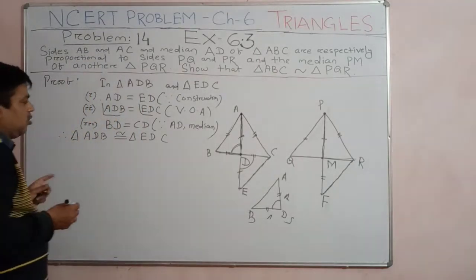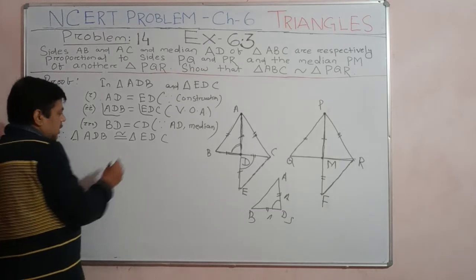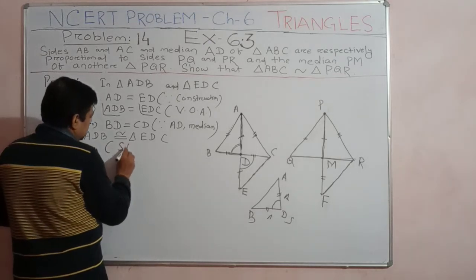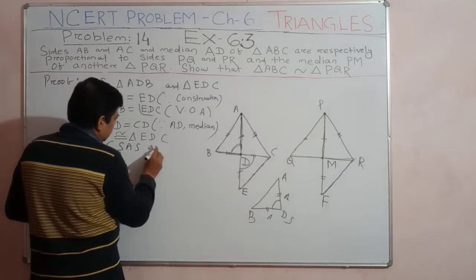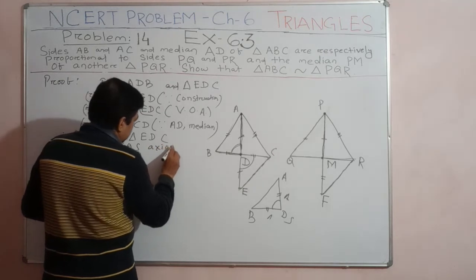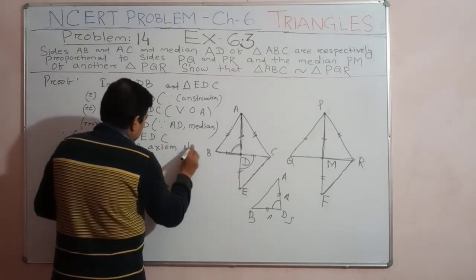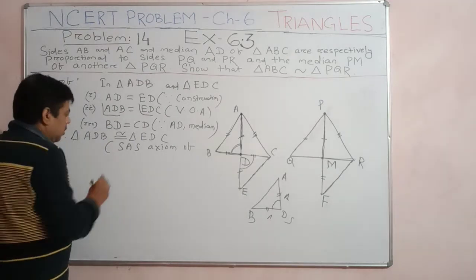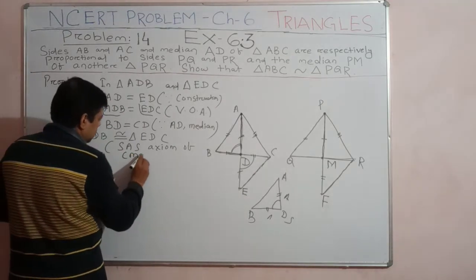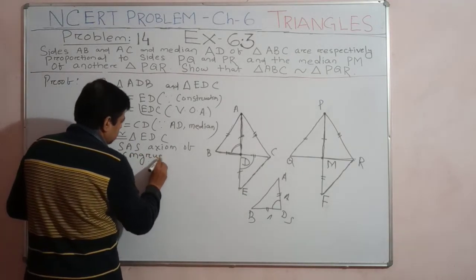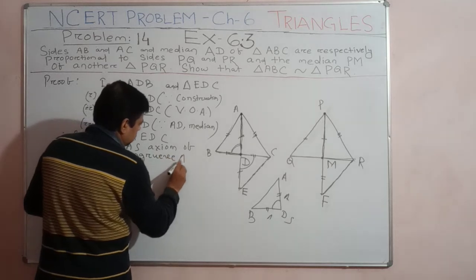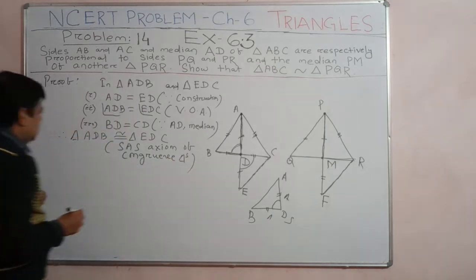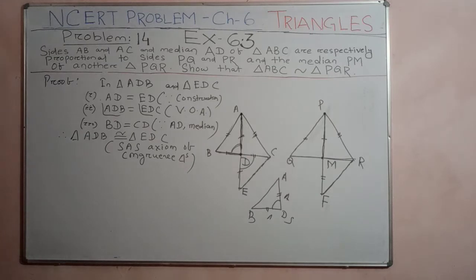The two triangles are congruent in accordance with the side angle side axiom of congruence of triangles. Understand?